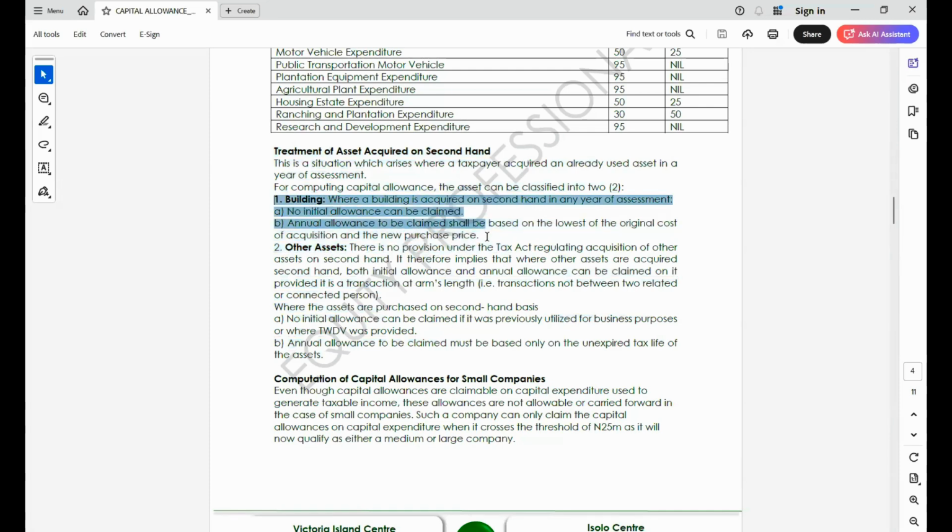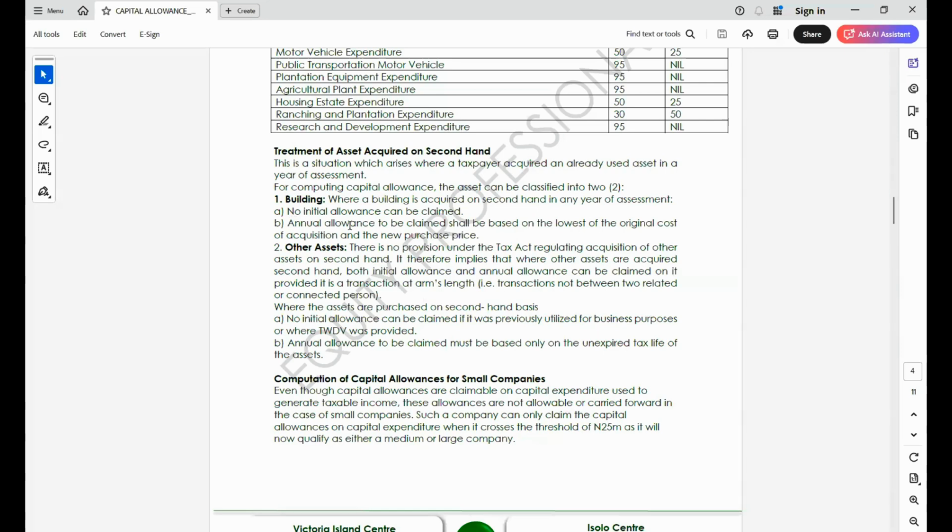The rule is that no initial allowance will be claimable on that building. Where you are told in the question that the building the organization is using is acquired on second-hand basis, that building will not be available for initial allowance. You are going to claim only annual allowance.